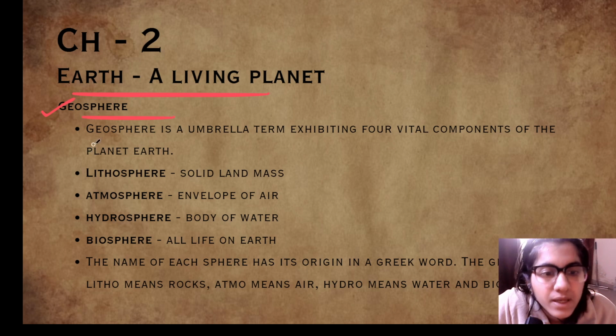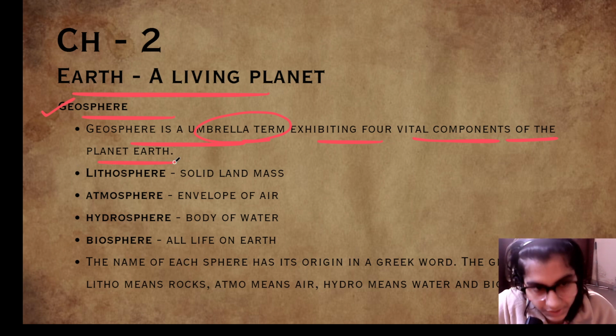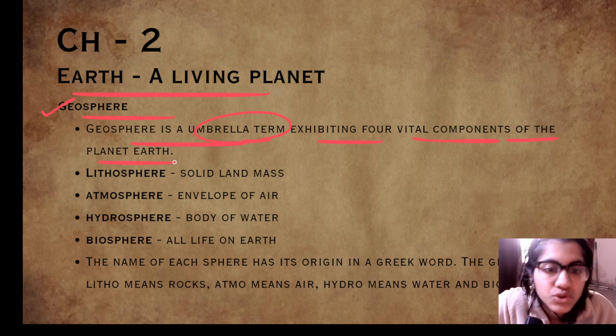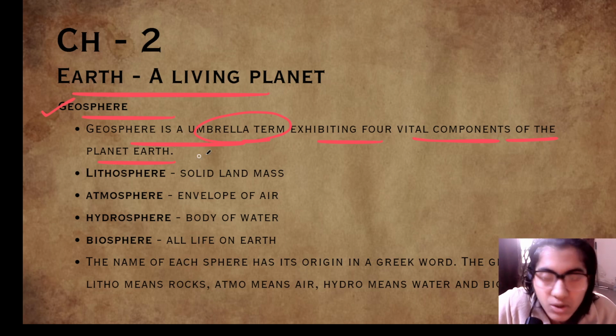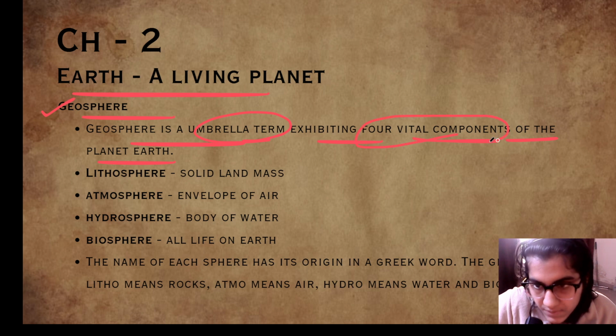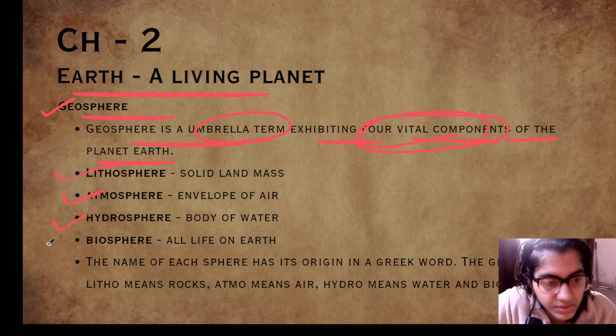Geosphere is an umbrella term exhibiting four vital components of the planet Earth. So what does an umbrella term mean? It's a very broad term, and it contains four vital components of the planet Earth: lithosphere, atmosphere, hydrosphere, biosphere.